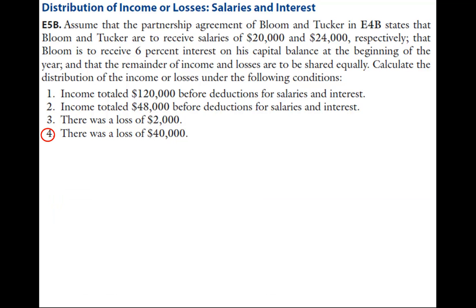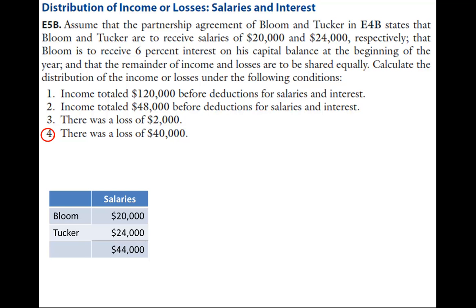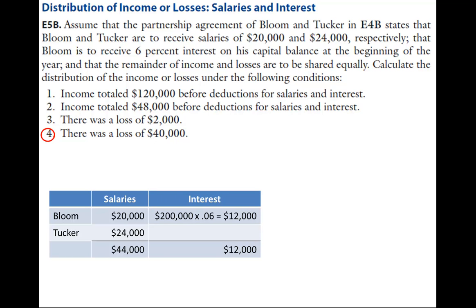In scenario 4, we have a larger loss of $40,000, and we will proceed as we did with the other three examples. Even though you're starting with a loss, you will still distribute the salaries, and then you will still distribute the interest. And so at that point, we now have a total of a $96,000 loss because we distributed $44,000 in salary and we distributed $12,000 in interest.